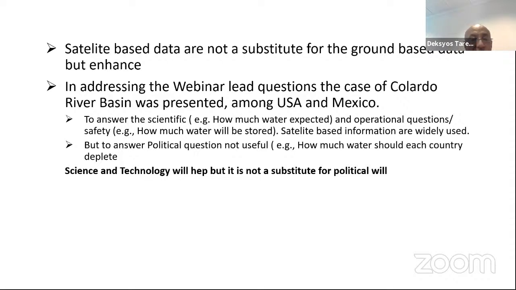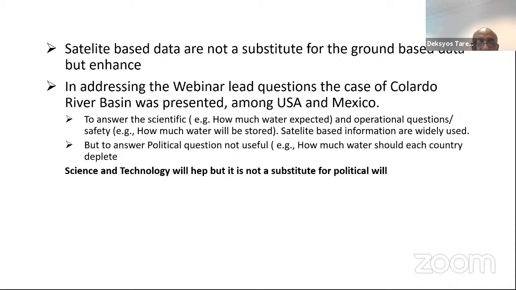Such information can be answered. I mean, the satellite-based information can really help to answer in a more accurate way than the ground-based information, of course complementing the ground-based information. But of course, for political questions, it is not useful to answer such questions.